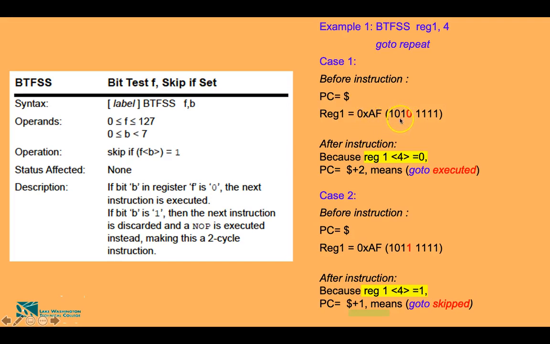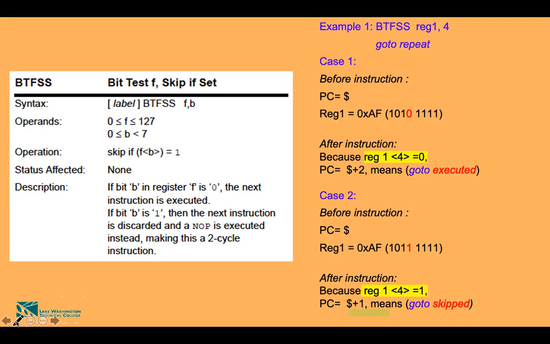This is your AF hexadecimal number, and it is going to check at this 4th position whether the bit is 0 or 1. We see here the bit is 0, and if the bit is 0, then the next instruction is executed according to this description. So this is 0, which means the next instruction is executed.